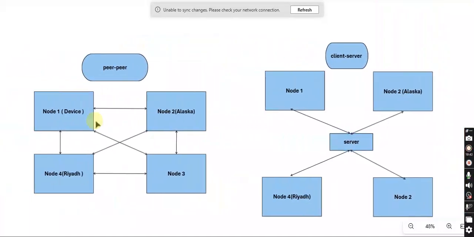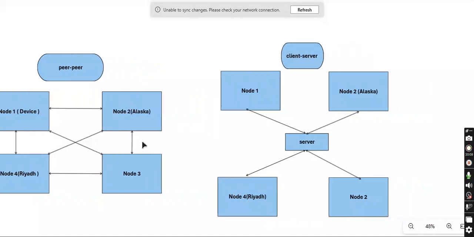Whereas in the peer-to-peer model, with four connected, each one needs a wire to connect to the other three nodes. For example, node 3 needs one wire to node 2, one to node 1, and one to node 4. That makes a lot of mess and lots of wires. If they ask you for disadvantages, you can even make up more out of the wires, like tripping hazards. Anybody may trip over the wires.